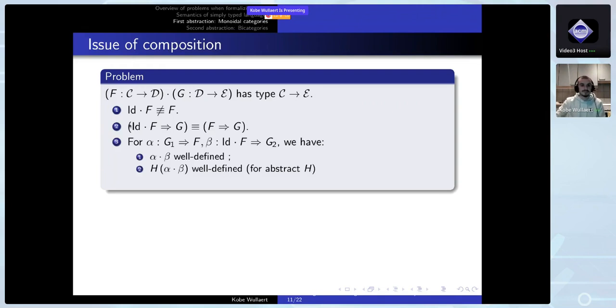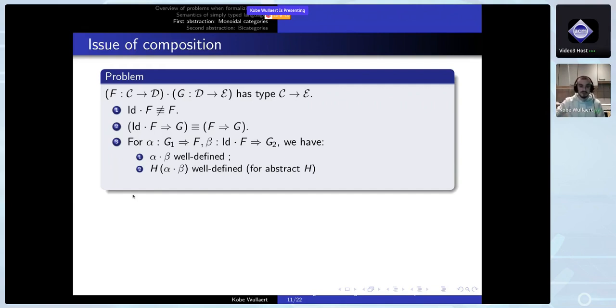So from these, it follows that we are able to compose natural transformations, where in alpha the codomain is just f, while for the second natural transformation the domain is the identity composed with f. This composition is well defined precisely because these types of natural transformations are convertible.